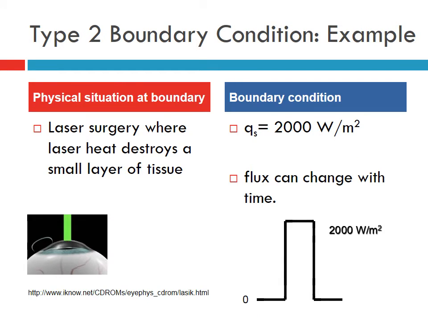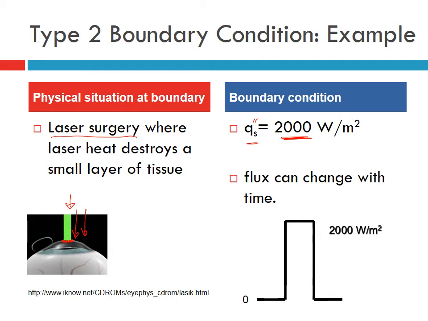Another situation: in laser surgery, if you have the laser on, it's going to constantly give the heat. It doesn't matter how hot it gets or how much destruction happens, the laser would constantly give heat. So the condition at the surface would be some heat flux equal to a value, whatever value corresponds to the laser.